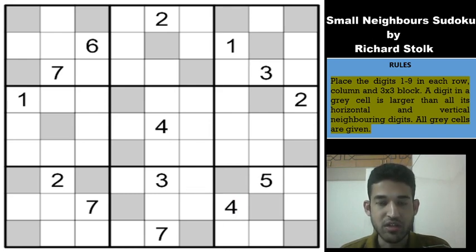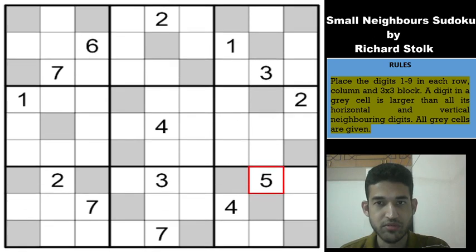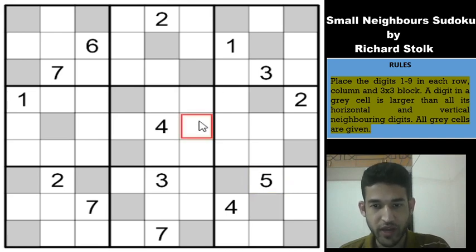And the rules also state that the negative constraint is there. That is, all grey cells are given. So for example, you cannot have something like this. Let me show you. So you cannot have something like this maybe.